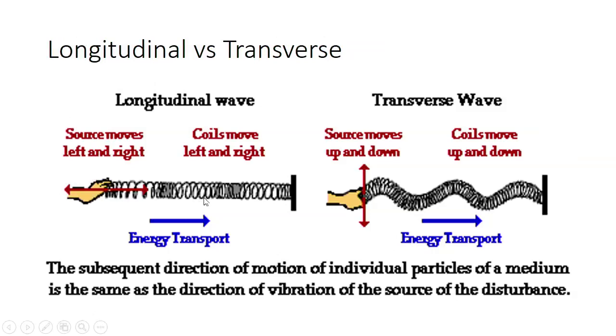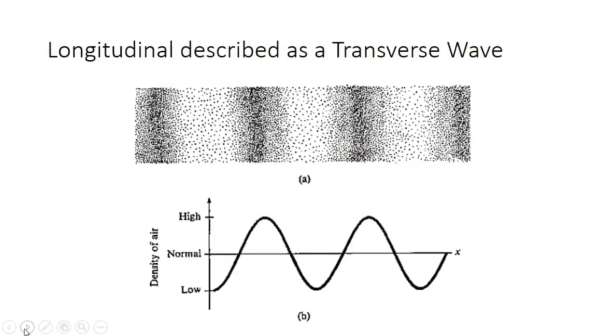One is in a straight line, if you look at the red arrows, for the longitudinal waves. And if you look at the transverse wave, the red arrows are perpendicular to the wave motion. So if you are asked to differentiate between longitudinal waves and transverse waves, you could use these two diagrams to differentiate between the two in your discussion.